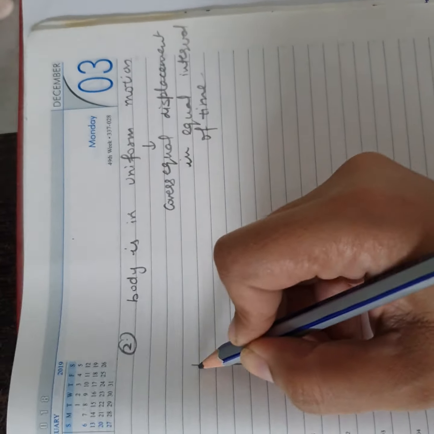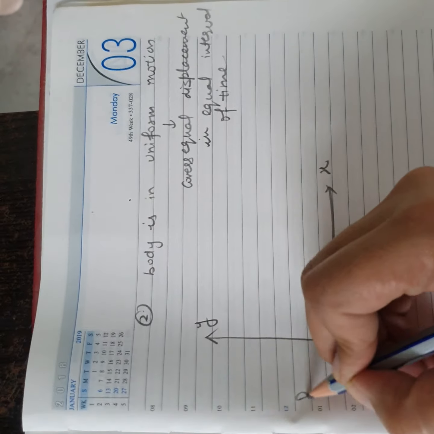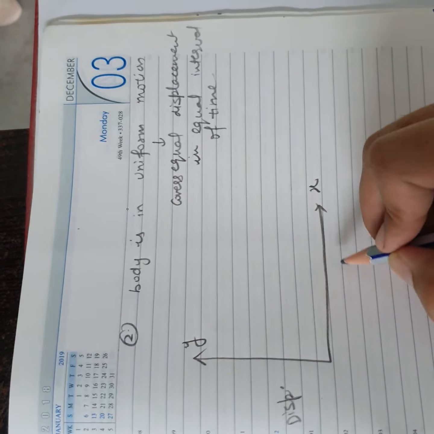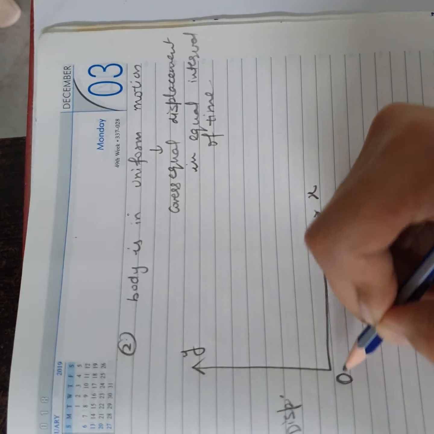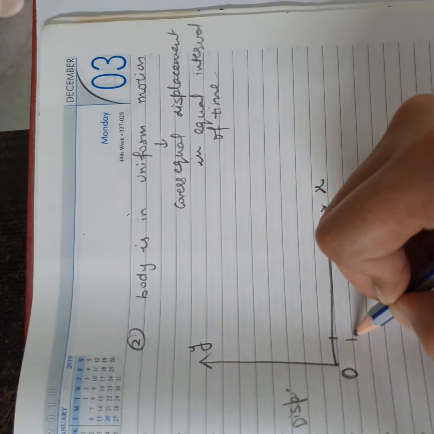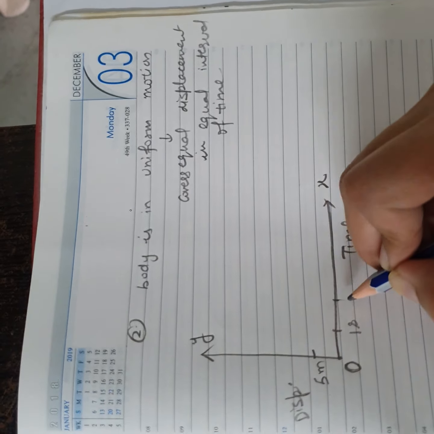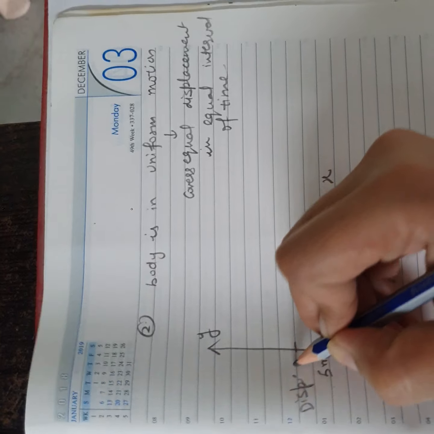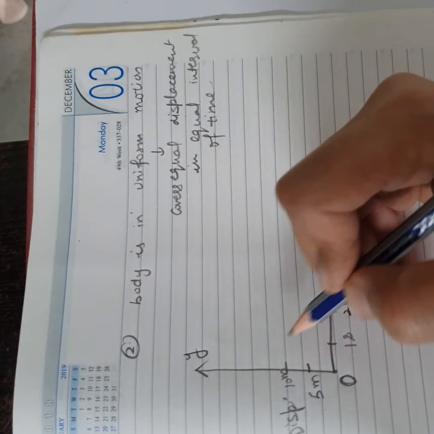Then you will again have the graph, y-axis, x-axis, displacement, time. Now your body is here at the 0 position. After 1 second, if it covers 5 meters, then after 2 seconds it will definitely cover 10 meters, because the body covers equal displacement in equal intervals of time.